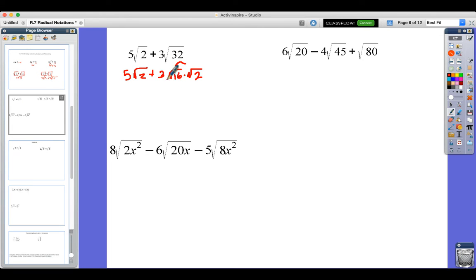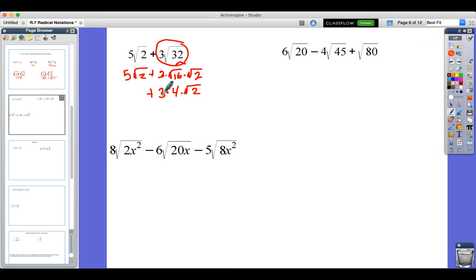Now, the radical 16 does factor out; it becomes a whole number 4. The square root of 16 is 4, and this stays as radical 2. This whole time the factors have been multiplying, so even when we split radical 32 into radical 16 times radical 2, they're still multiplying. So it's 3 times radical 16 times radical 2.